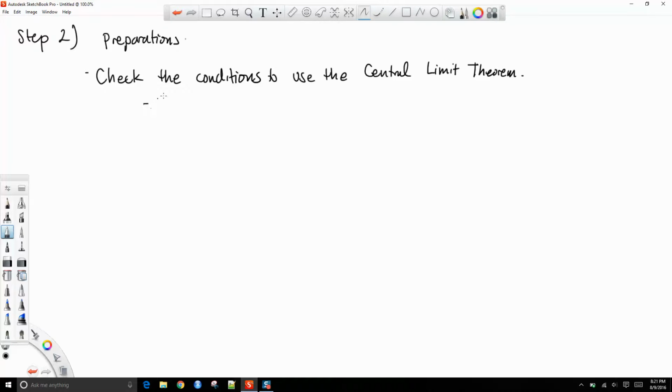So what are those conditions again? We have 3 of them. We have the independent and random condition. What else do we have? The large sample condition, meaning our sample has to be big enough. And lastly, the big population condition, okay?